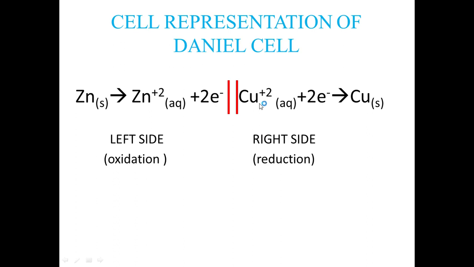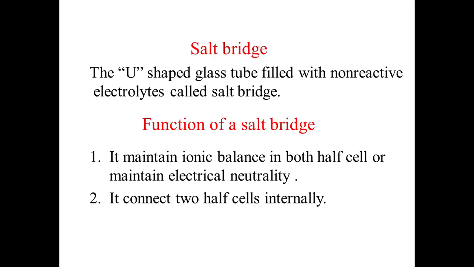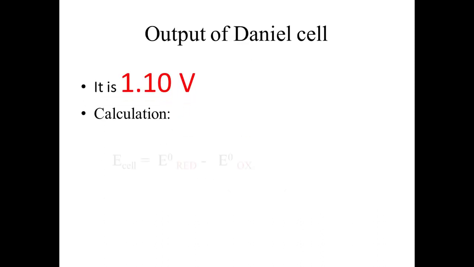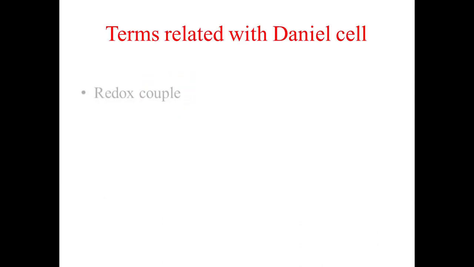Similarly, Cu2 plus and Cu is called a redox couple. So what about the redox couple? It is the oxidized and reduced form of an element.